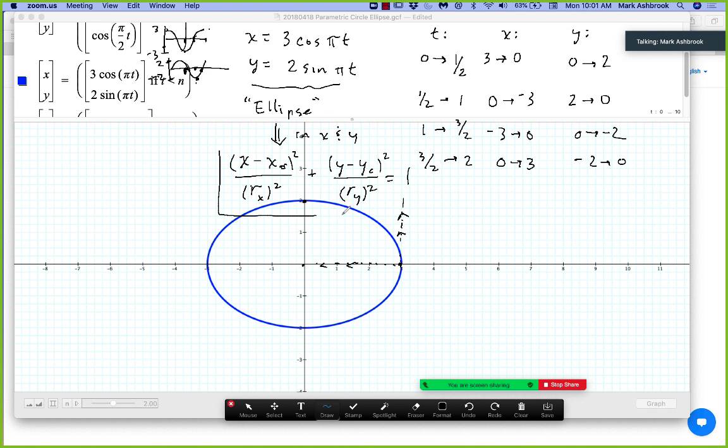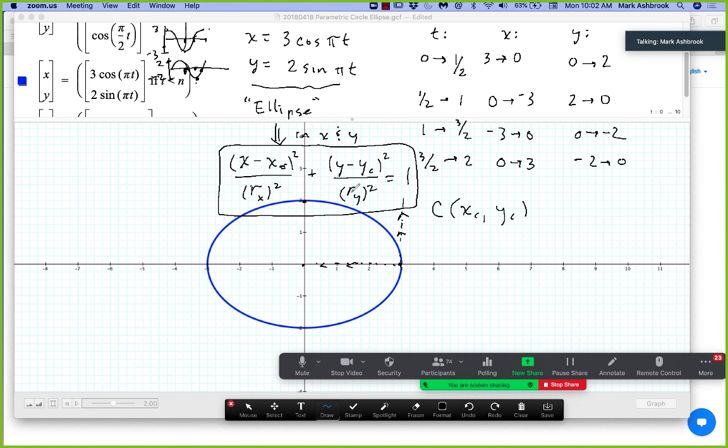If you remember that, great; if you don't, that's okay. So this is an ellipse that has center xc, yc, and a radius in the x direction that I'm calling r sub x, and a radius in the y direction that I'm calling r sub y.